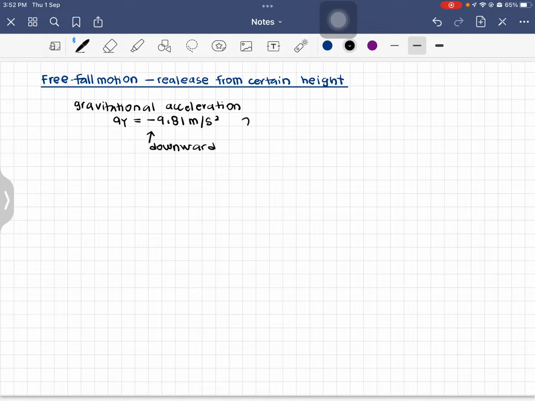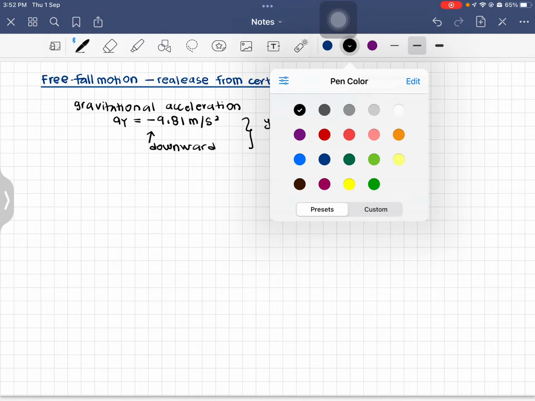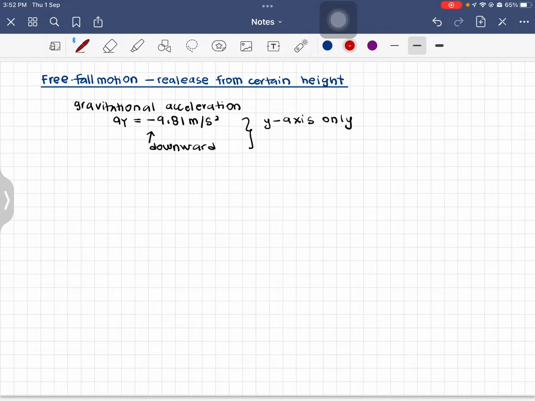For free fall, we will consider only the motion which is moving up or down, which we will consider as the y-axis only. Okay, let's say you have a ball and you drop it from a height like 3 meter. You just release it like that.